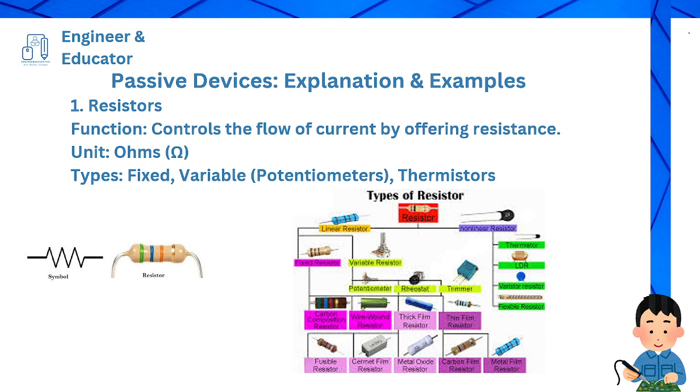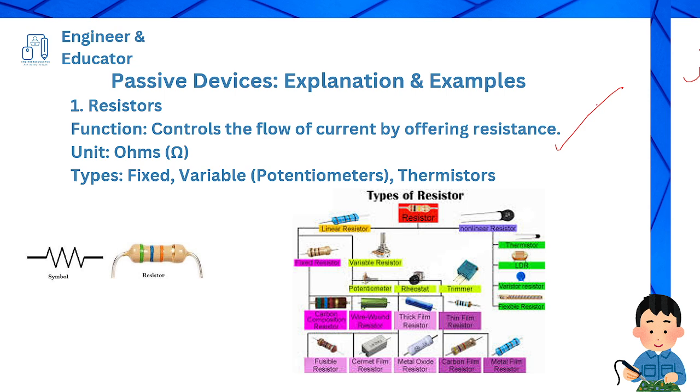They store, resist or dissipate energy. One such passive device is the resistor. Resistors control the flow of current by offering resistance, and its unit is ohm.